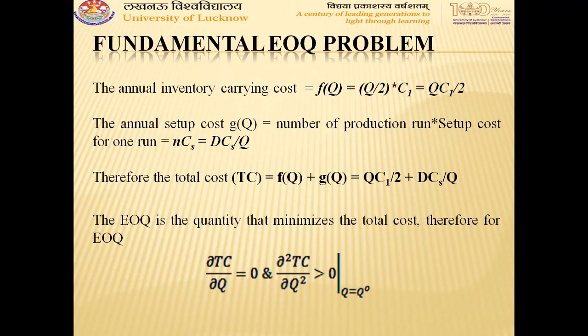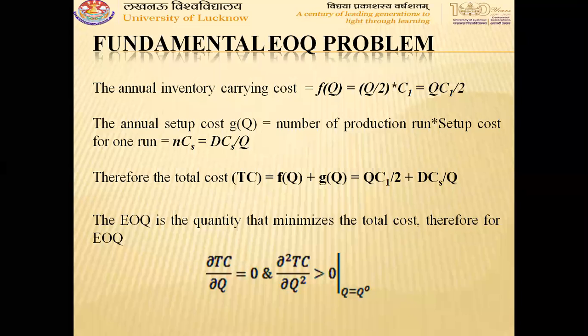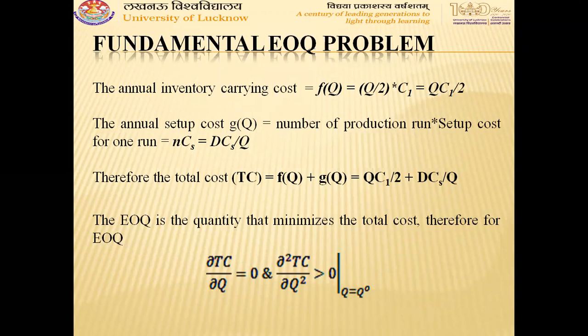The annual setup cost will be the setup cost per production run, that is CS, into the number of production runs, that is CS into N. And we have already described that N into Q is equal to D. So N can be replaced by D upon Q. So annual setup cost will be D CS upon Q. Setup cost is denoted by G(Q) and inventory carrying cost is denoted by F(Q).